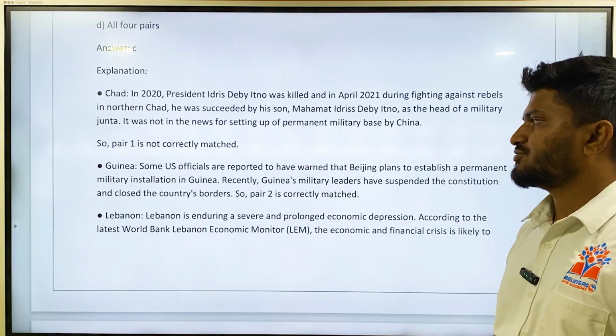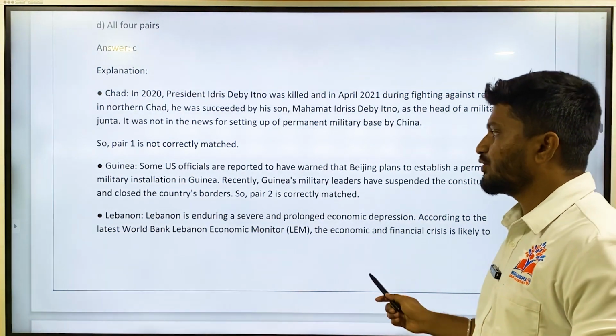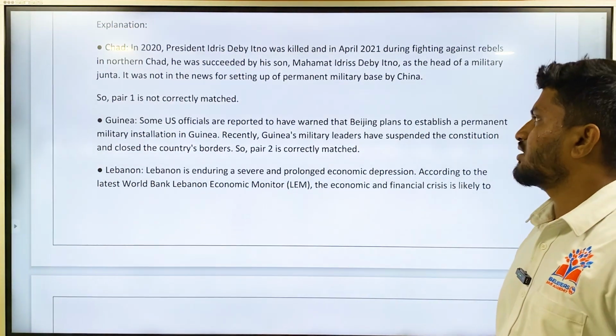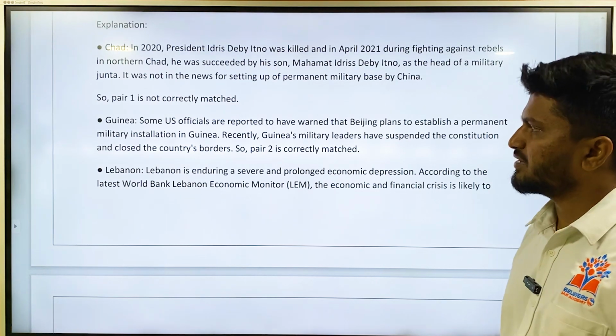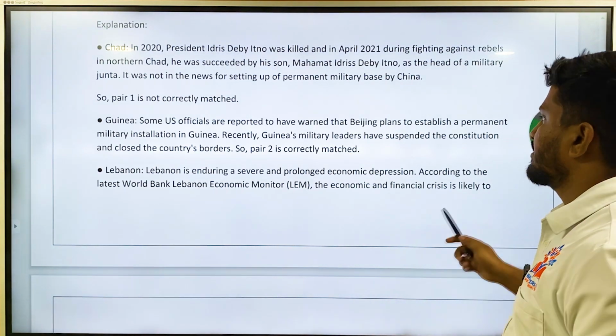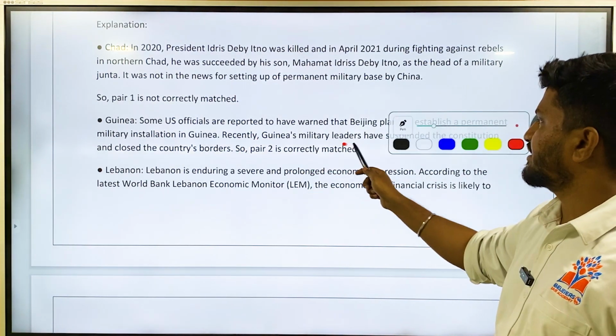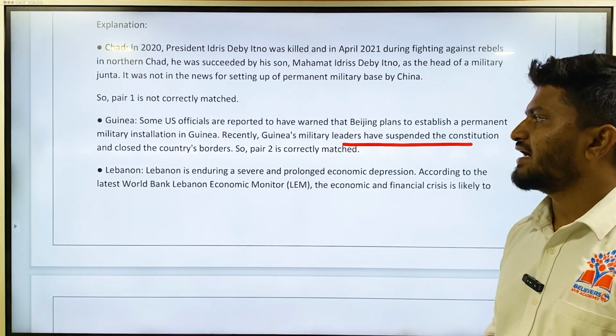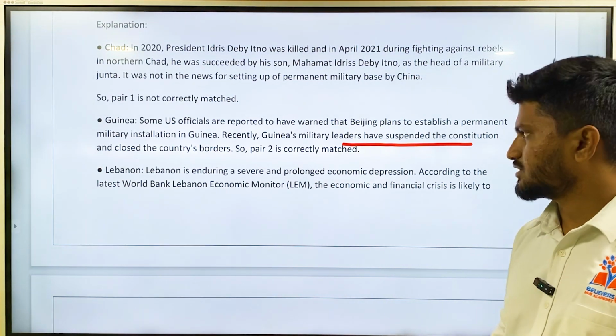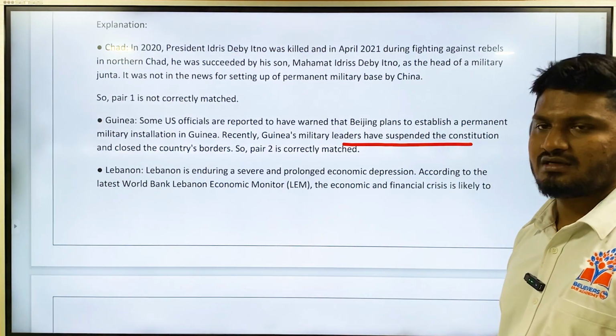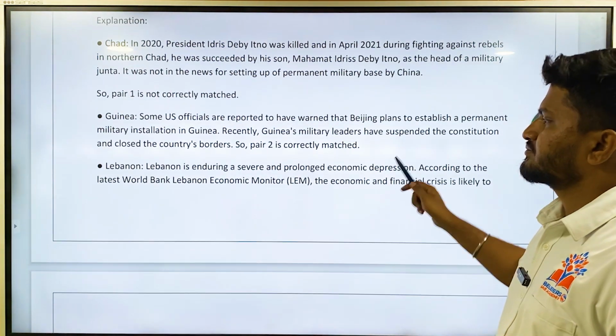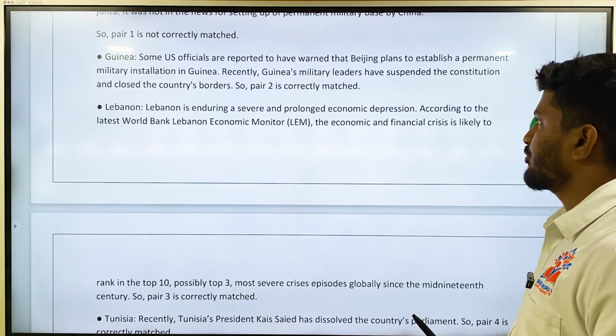Guinea was in the news because some US officials are reported to have warned that Beijing plans to establish a permanent military station in Guinea. Recently, Guinea's military leaders have suspended the constitution and closed the country's border. So statement 2 is correct. Then third, Lebanon. It is enduring a severe and prolonged economic depression.